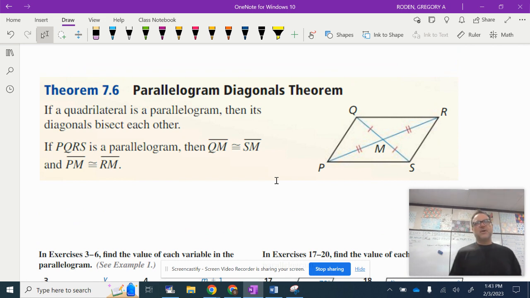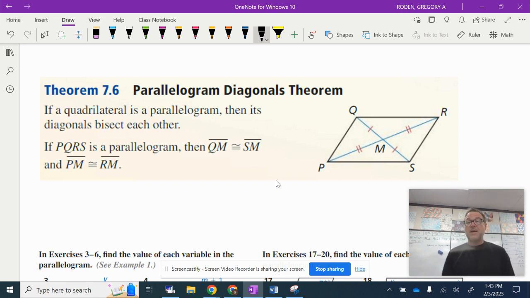Diagonals of a parallelogram bisect each other. This is really important. If you have two diagonals, they are always going to bisect each other. It doesn't say the diagonals are congruent to each other. PS and QR are not always going to be congruent in a basic slanty box, but they are going to bisect each other.